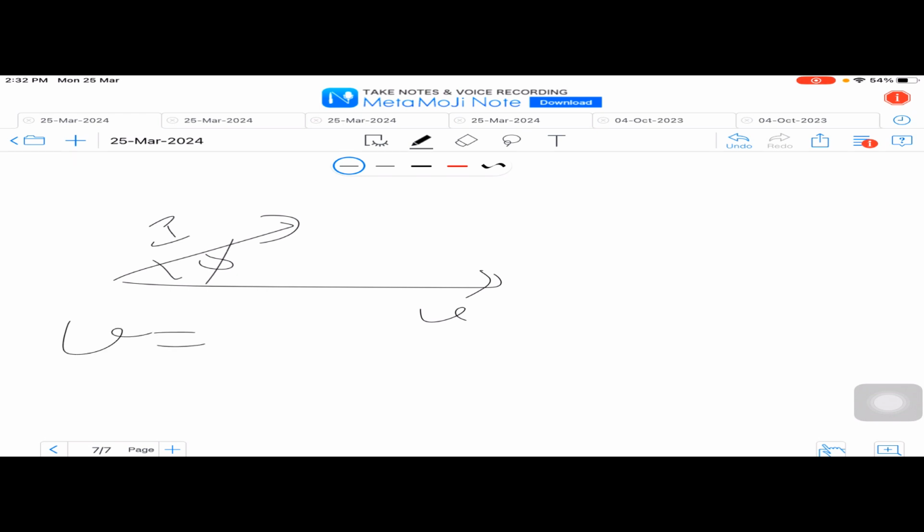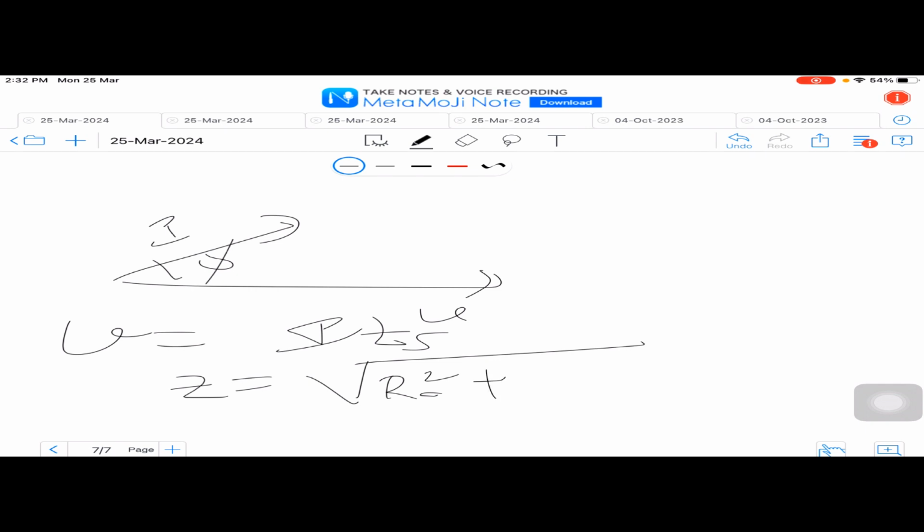Generally this terminal voltage is vectorially less than E0 by I into ZS. What is Z? From the above equation, Z is the square root of RA square plus XL square, which may also be written as ZA. I is the armature current per phase and phi is the load power factor angle.